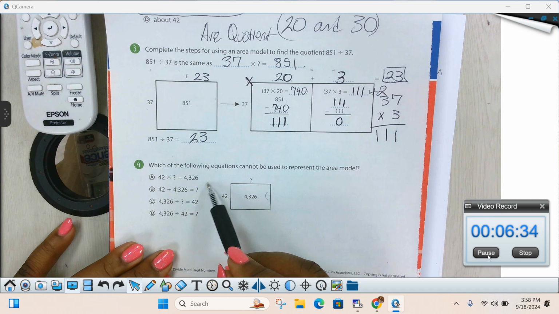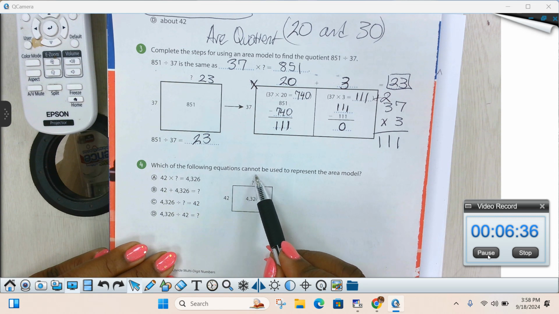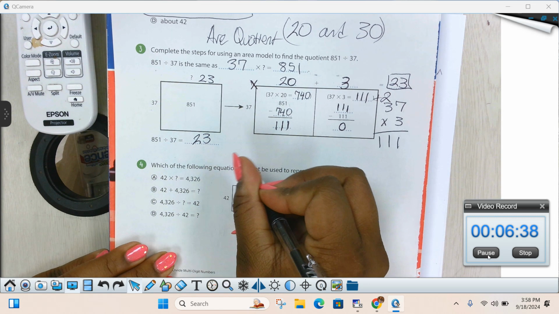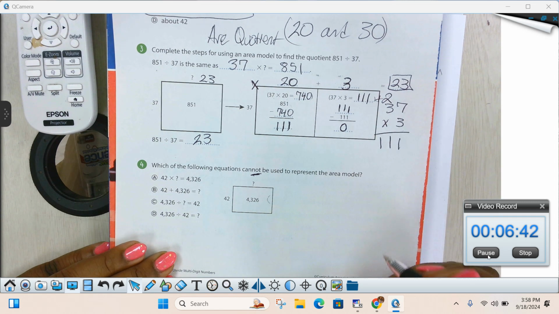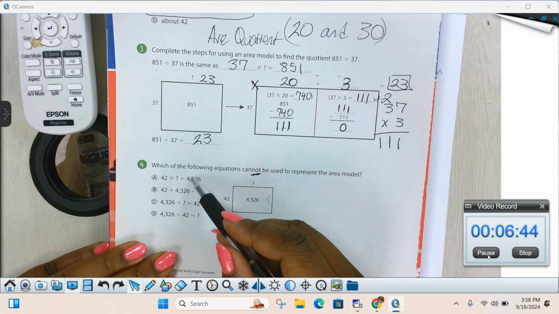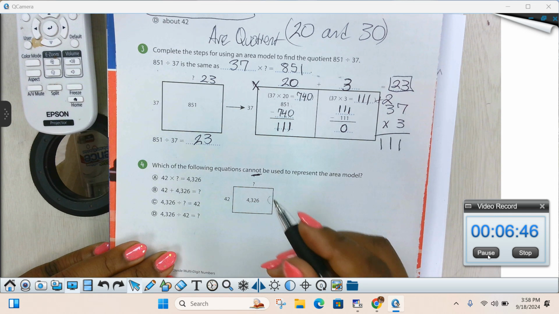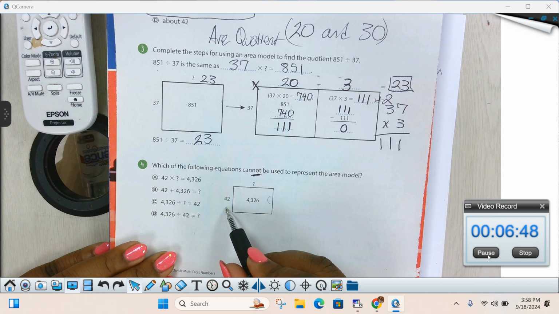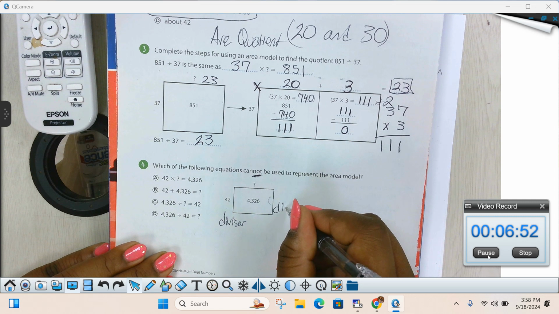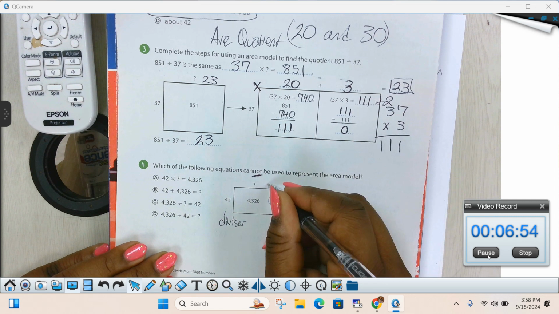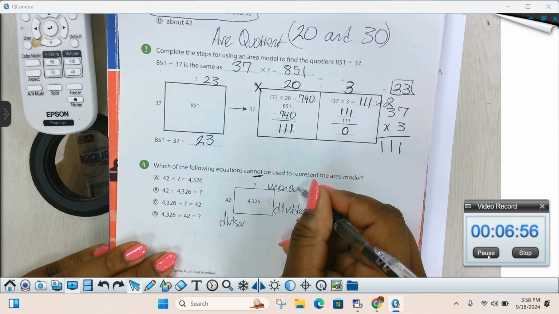There we go. Which of the following equations cannot, that's an N-O-T, be used to represent an area model? So which one is not a good way to do an area model? All right, so I have a divisor, I have a dividend, and I have an unknown quotient.